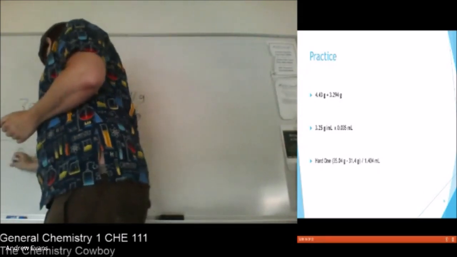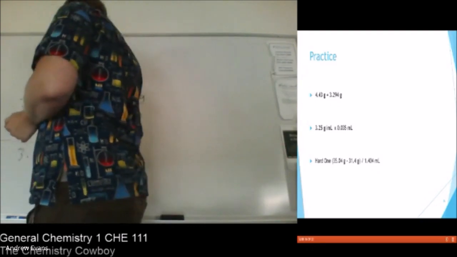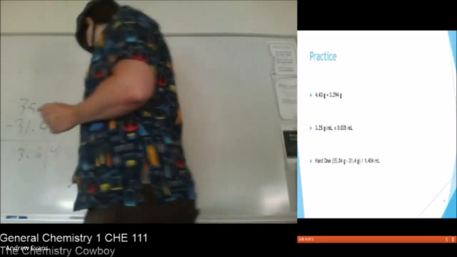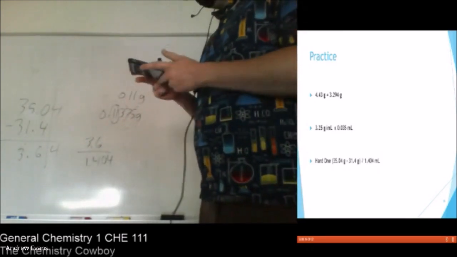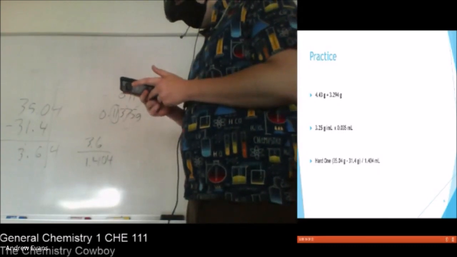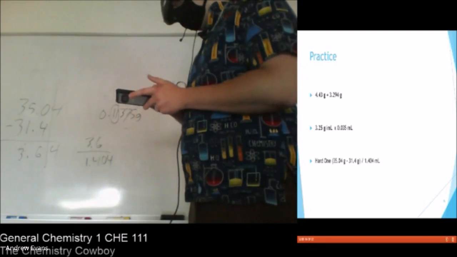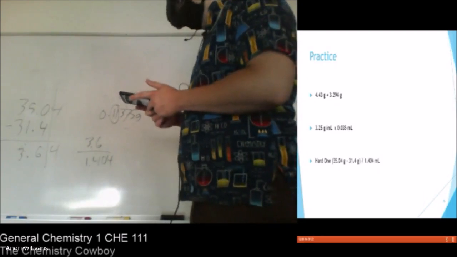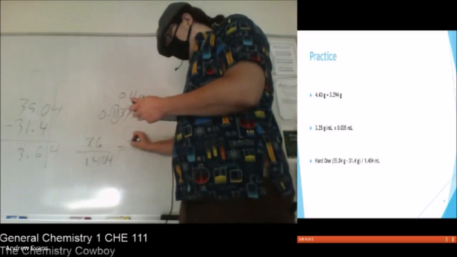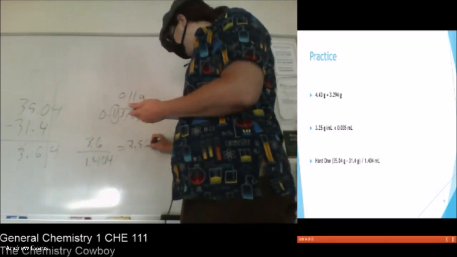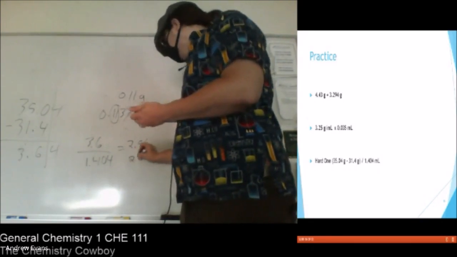So I take the 3.6, I divide by 1.404, and I will get my answer. You get a whole spew, but 2.56 rounds up to 2.6.